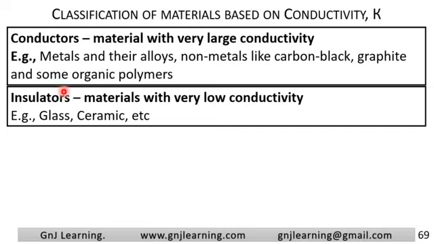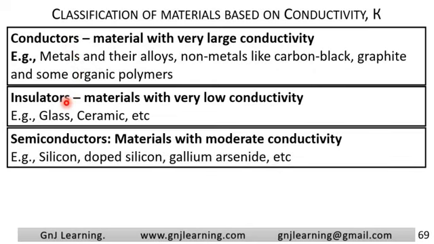In between these two, there is a range of materials between conductors and insulators called semiconductors, which have moderate conductivity, like silicon, doped silicon, gallium arsenide, etc. So silicon, doped silicon, gallium arsenide, etc. fall under the category of semiconductors.